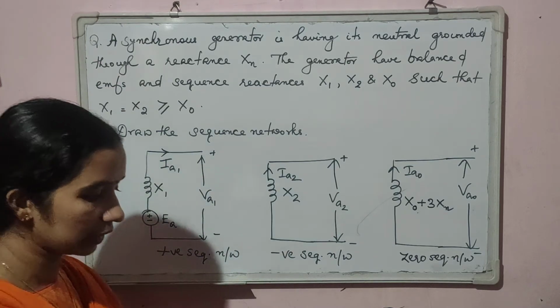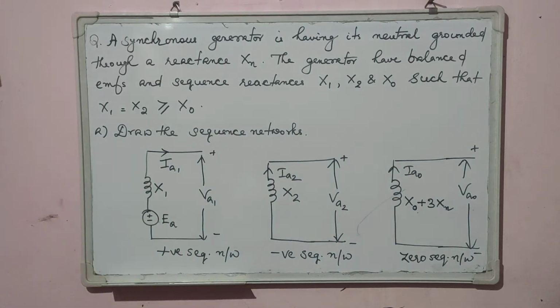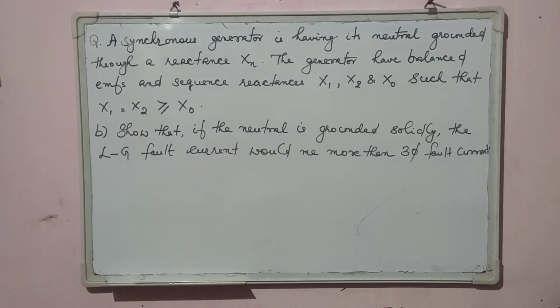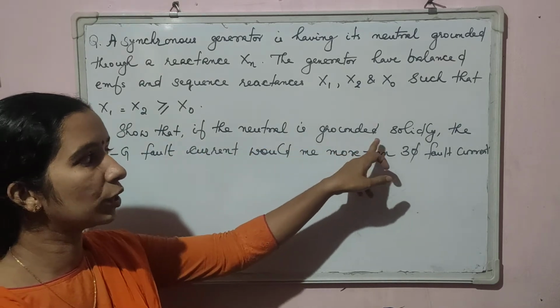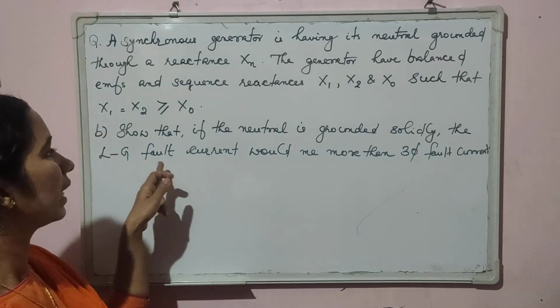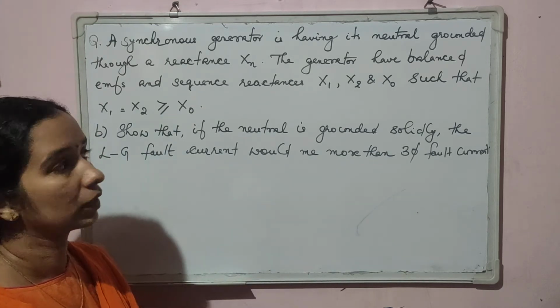Now let us move on to the second part of the question: show that if the neutral is grounded solidly, the LG fault current would be more than the 3-phase fault current.